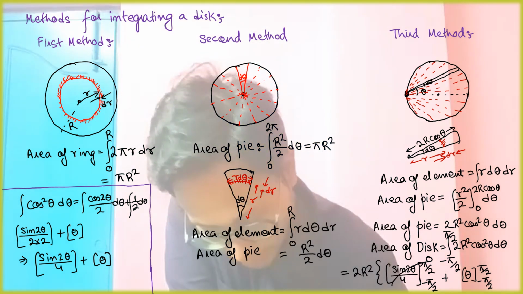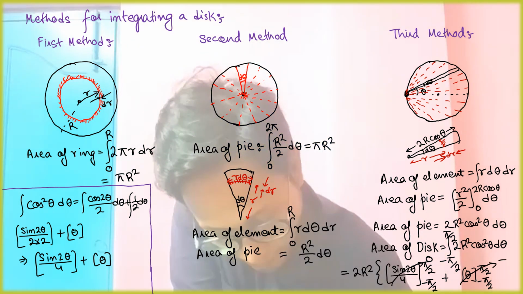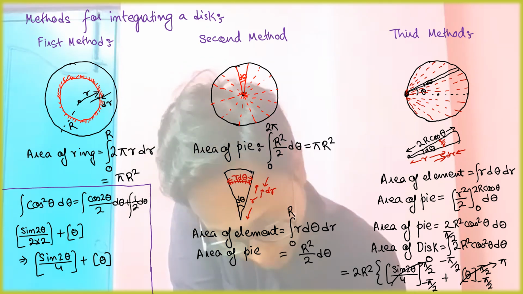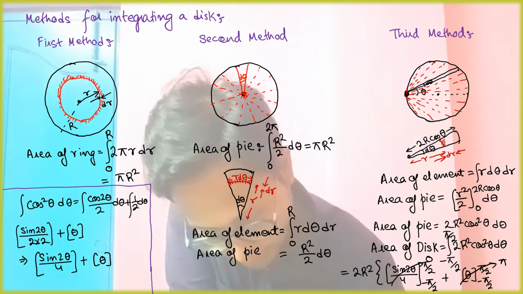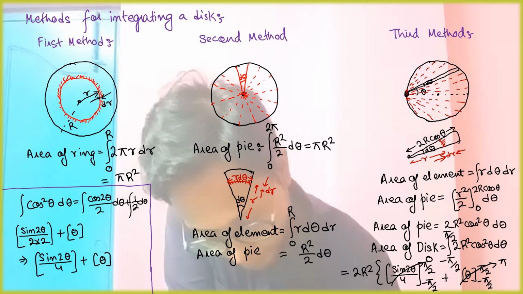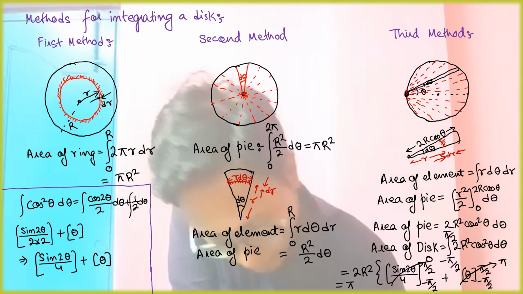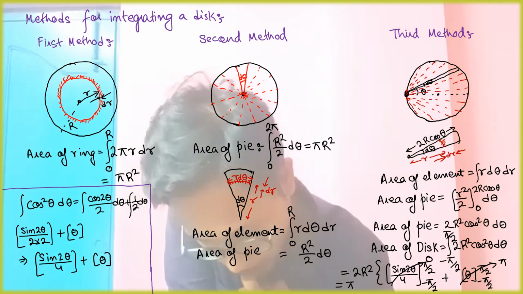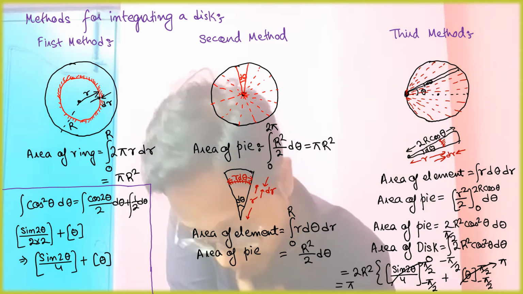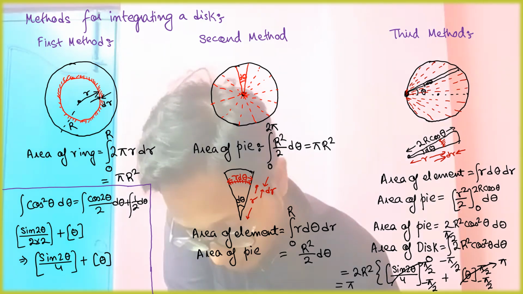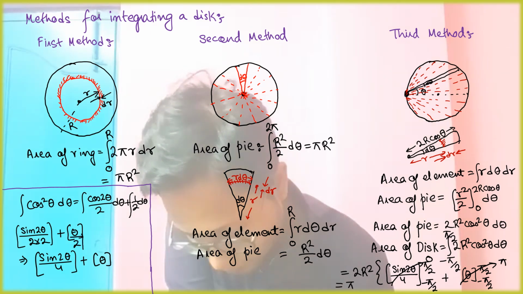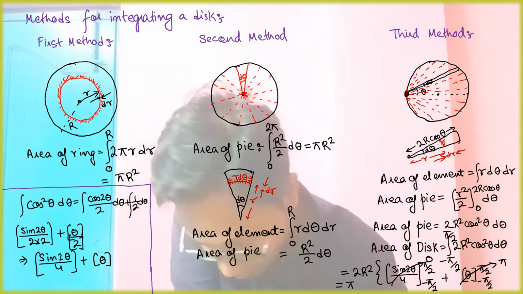So this term will become pi. Okay, fair and fine, which is equal to 2 pi r square. Acha, I made an error out here. See, by 2, I haven't done by 2 out here, no? Theta by 2.